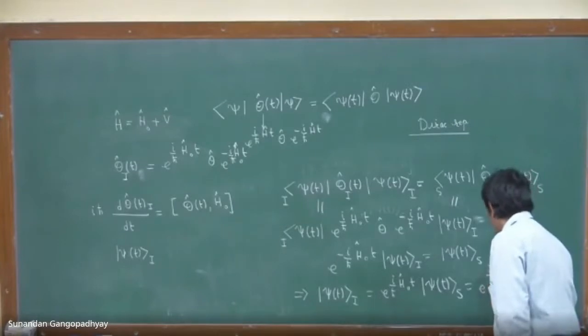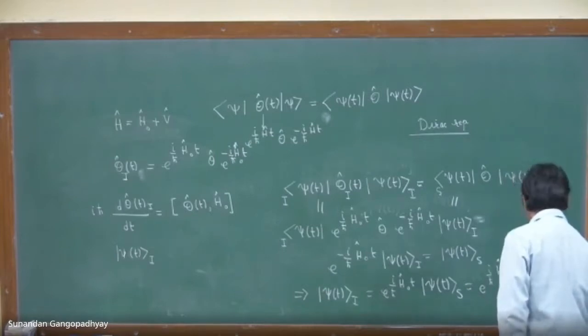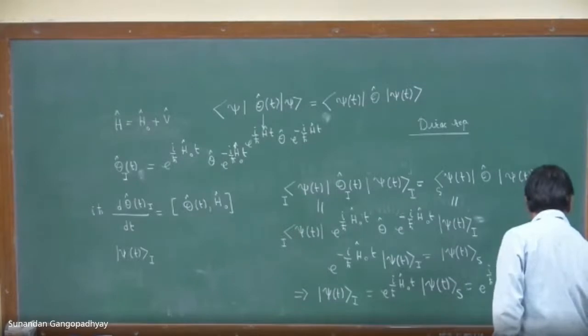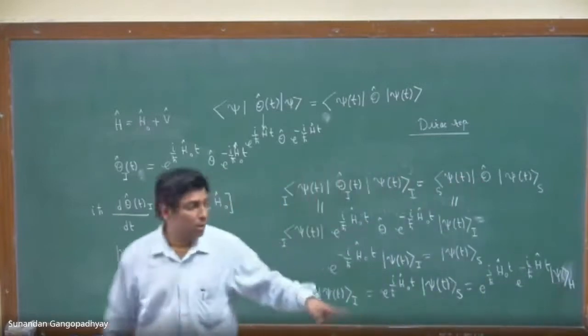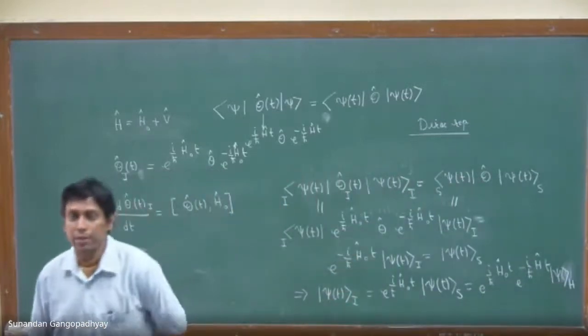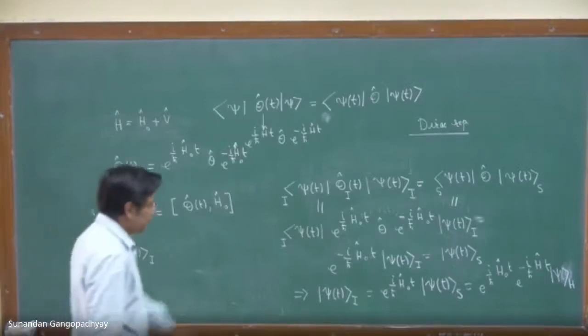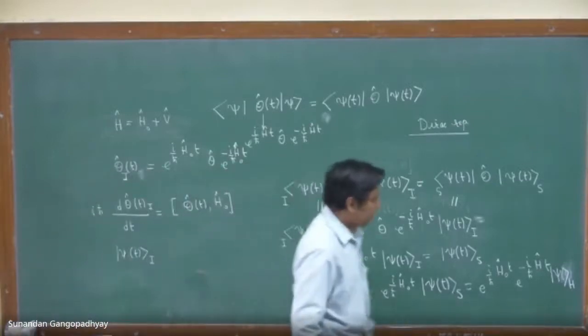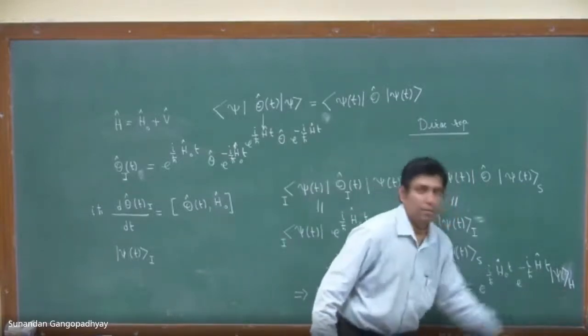It is e to the power of I by h bar H hat naught t, e to the power of minus I by h bar H hat t, psi. I don't write any t here, since that is time independent and in the Heisenberg representation. And therefore the interaction picture K is related to the Heisenberg picture K in this fashion.